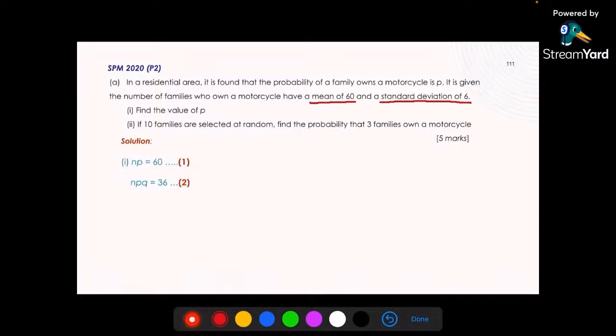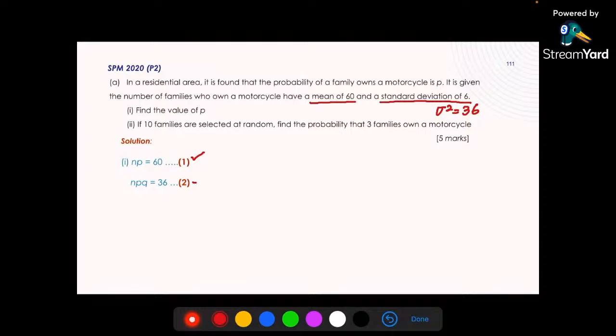So the mean, kita represent dengan np, kita letak dia sebagai the first equation. And then for the standard deviation, this is the formula npq equals to variance. Standard deviation adalah 6 maksudnya variance adalah 36. I put this because we avoid using the square root. So kita letak ni sebagai second equation.